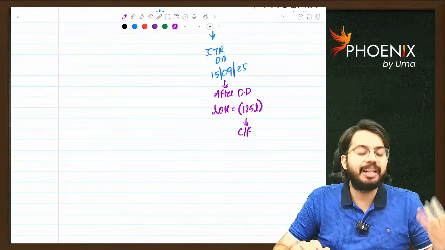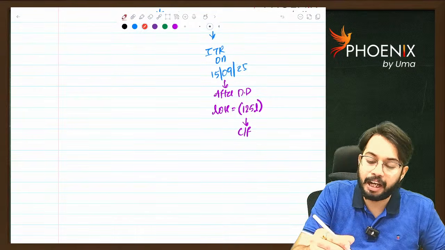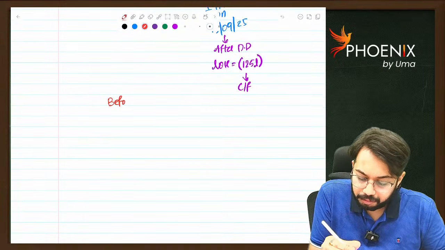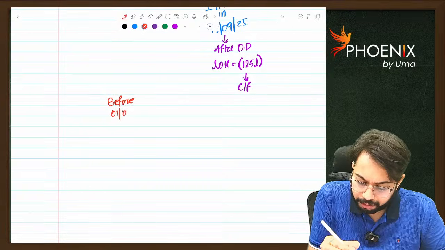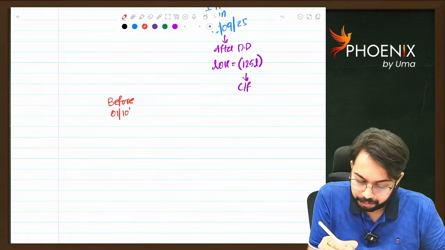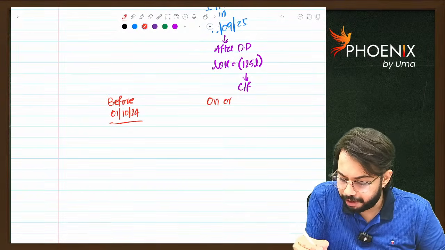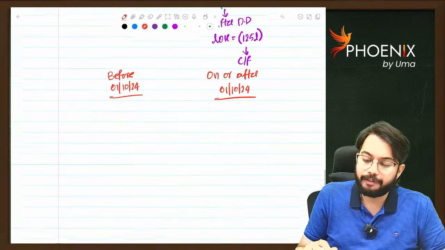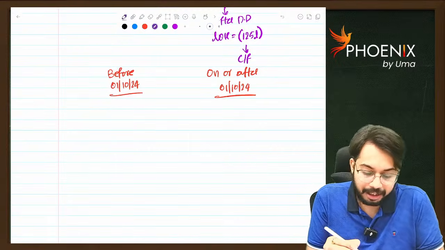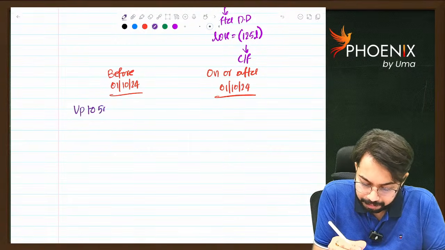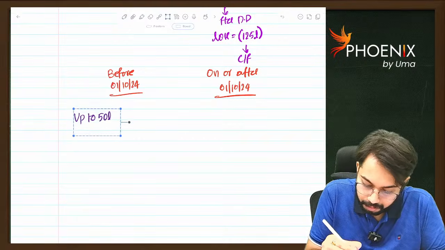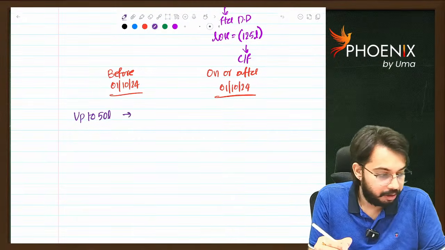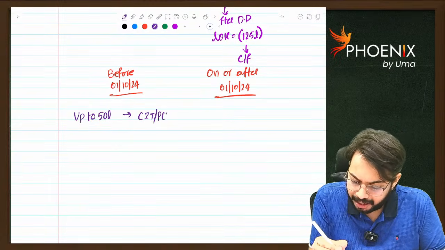Sir, to which income tax authority we need to make the application? Here there is an amendment. Listen very carefully. Before 1st October 24 and on or after 1st October 24. Before 1st October 24, if your loss is up to 50 lakhs, then you need to make application to CIT or PCIT.